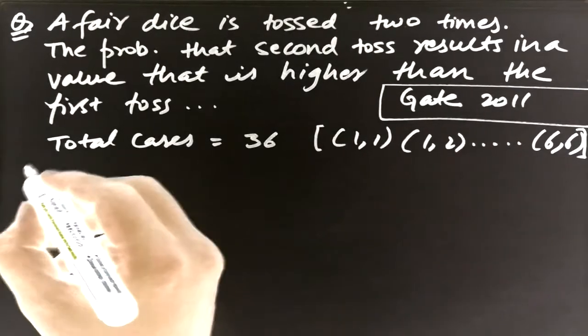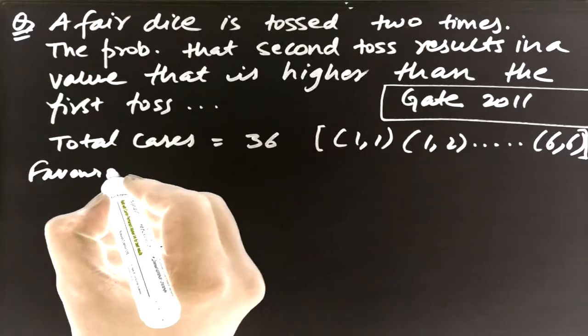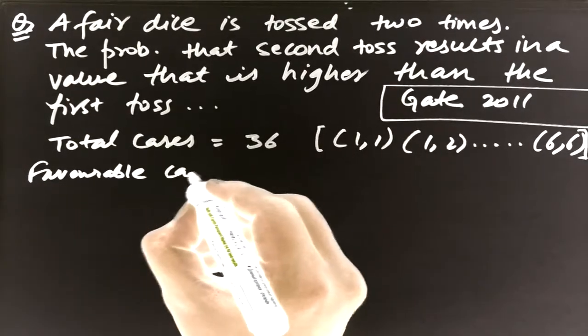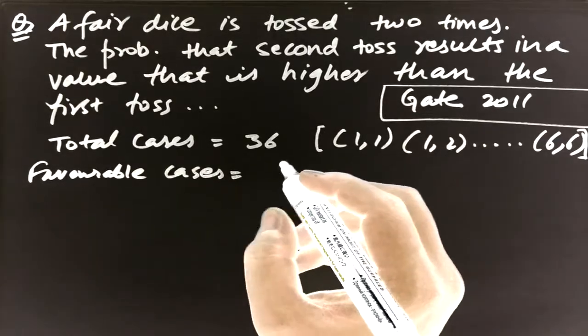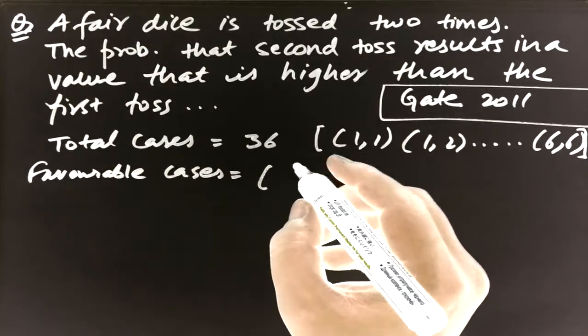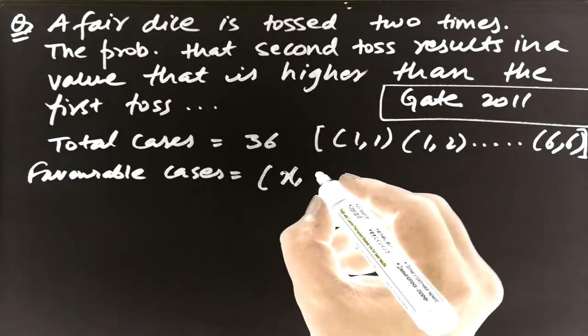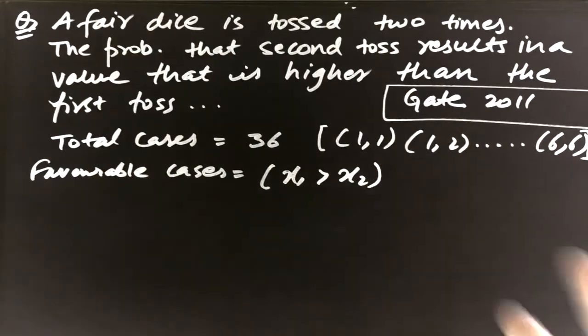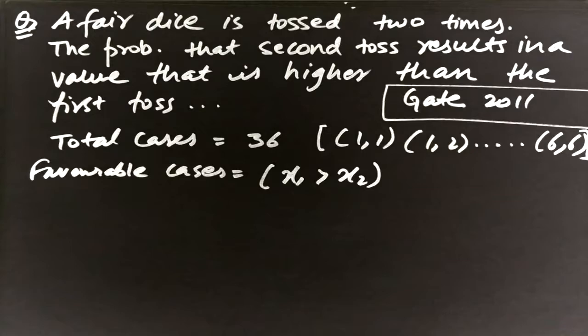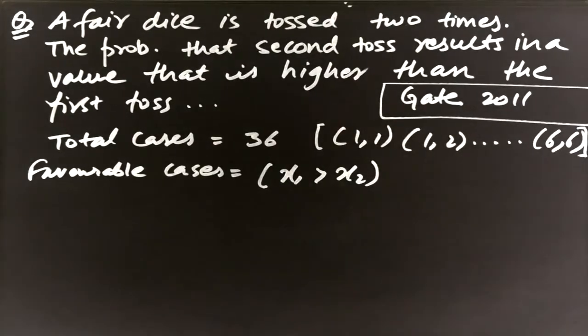Fine. Now what are the favorable cases? Favorable cases are those that satisfy that x1 should be greater than x2, where x1 is the value of the first toss and x2 is the value of the second toss. In order to know the favorable cases, we can make a matrix.